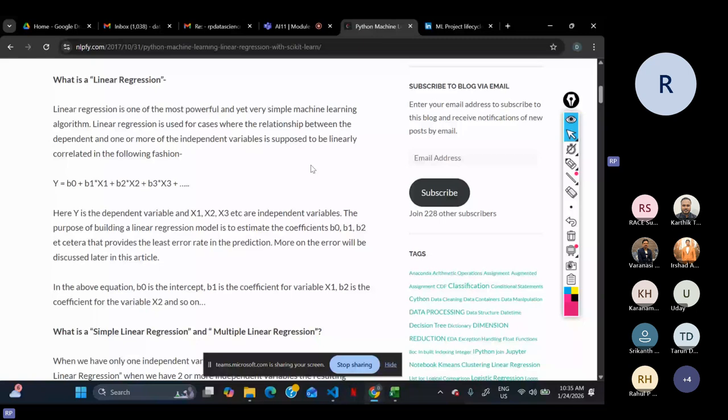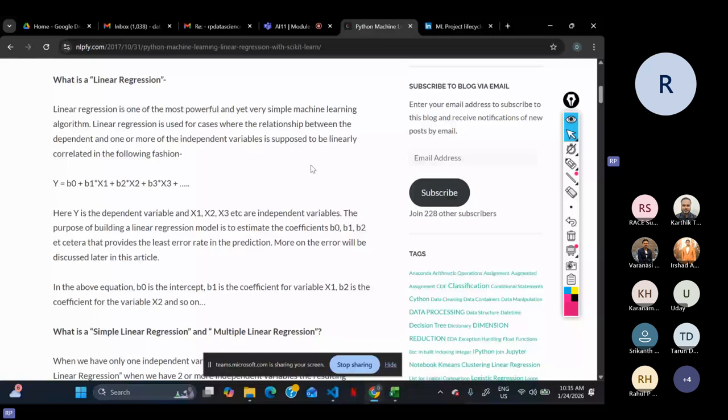For example, for car price 100, I get an error of 2, for car price 200 an error of 5, and for car price 300 an error of 6. There is a pattern, because whenever I increase the car price, the error also increases. This should not be there in linear regression.